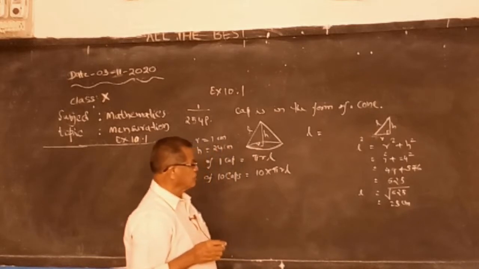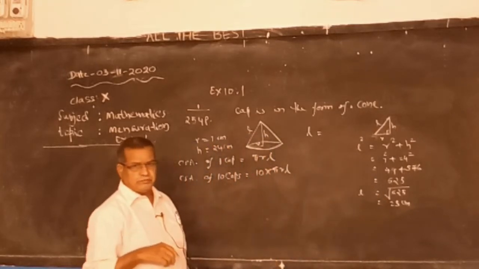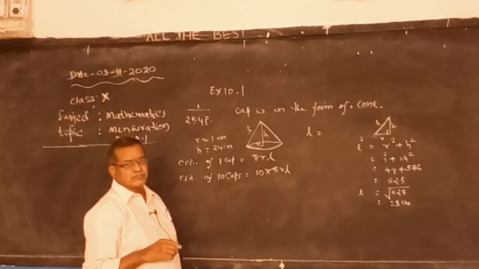That is the slant height. h is the vertical height.